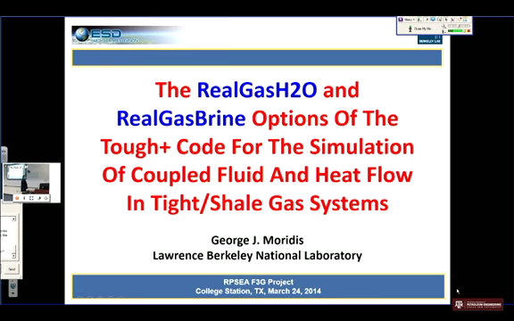what I'm discussing over here is the real gas water and real gas brine options for the TOUGH Plus code, and this is for the simulation of coupled fluid and heat flow. I'm saying here tight and shale gas systems. However, the reality is much wider. It can be used to describe any gas system.